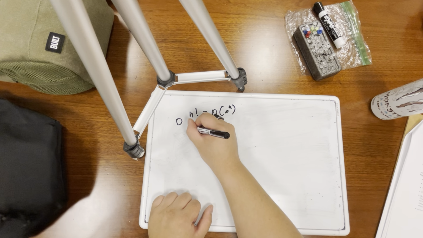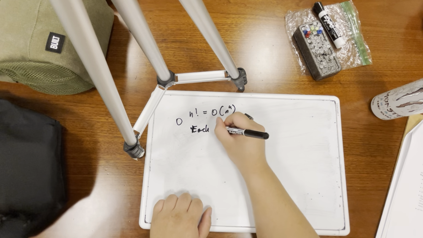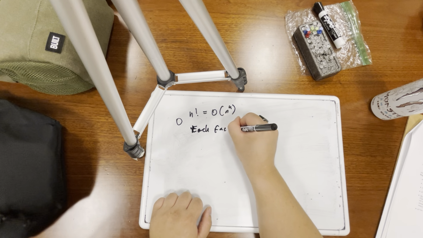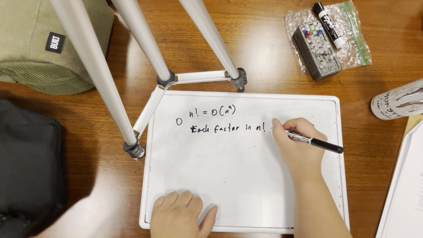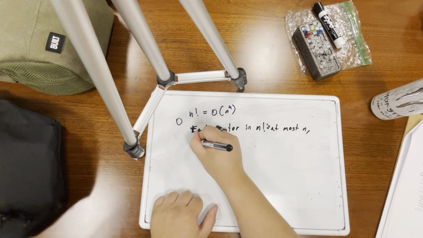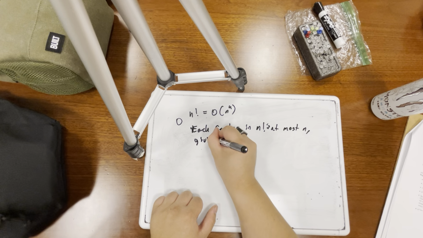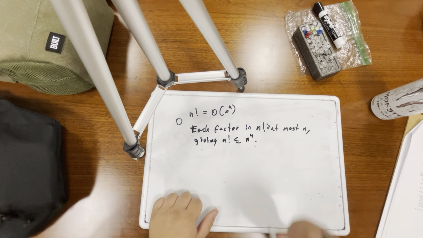Each factor in n factorial is at most n, and this gives us that n factorial is in fact less than or equal to n to the n, right?